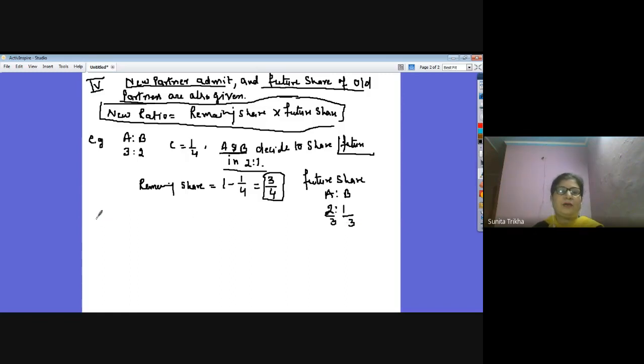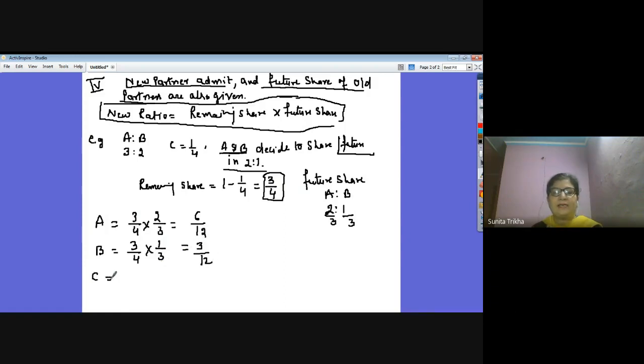How to calculate now new ratio of A? By applying the formula remaining shares multiply by future share. Remaining share is 3/4 and future share of A is 2/3, 6/12. In the same way, B, remaining share is 3/4 and future share is 1/3, 3/12.